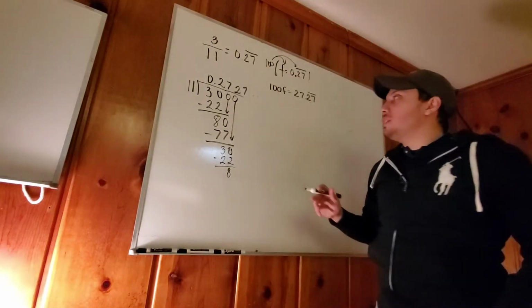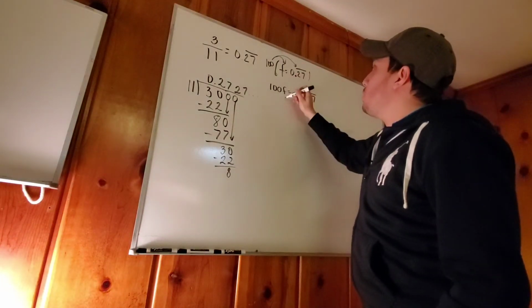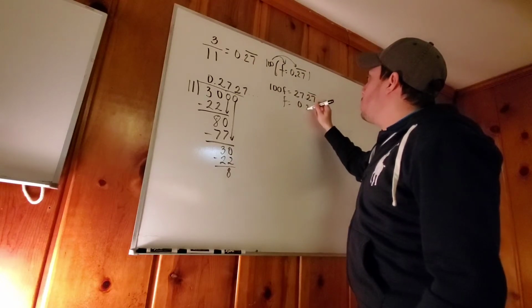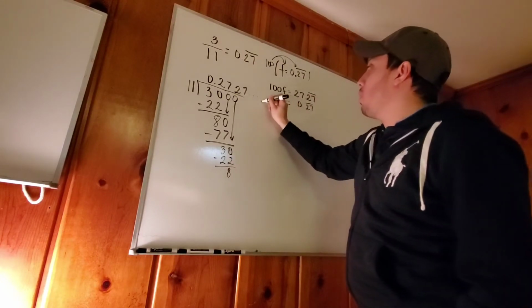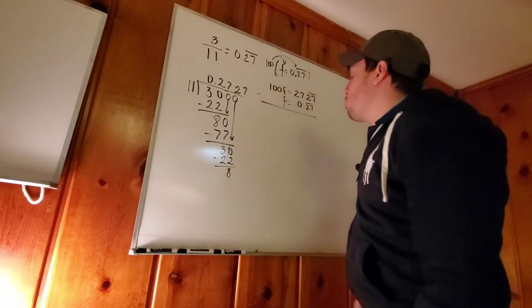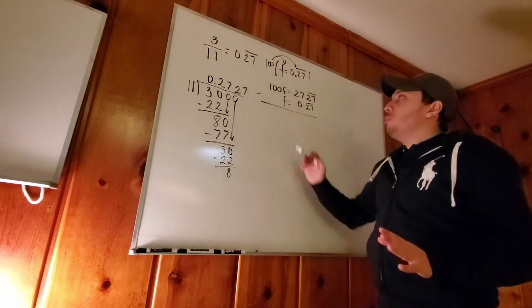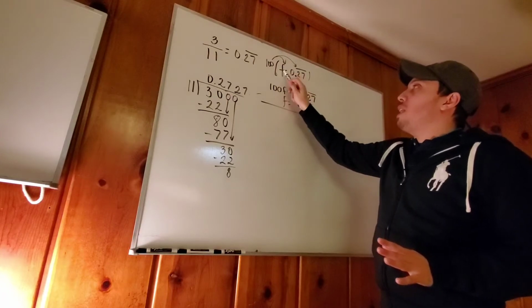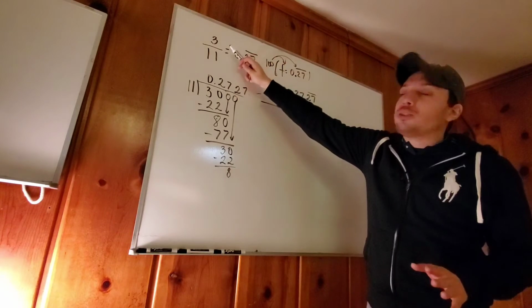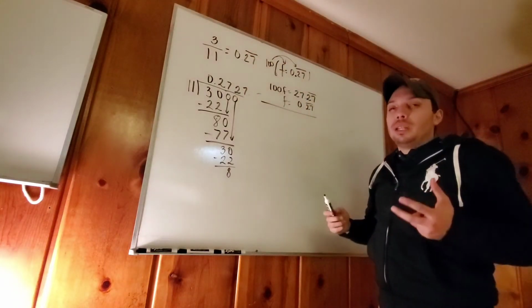Now that we have this, we're going to go back to this one, f equals 0.27 bar, and we're going to use these two right here to subtract. So what did I do? I put f, a fraction, equals 0.27 bar. Now I know the fraction is 3/11, but we don't know what it is, right?